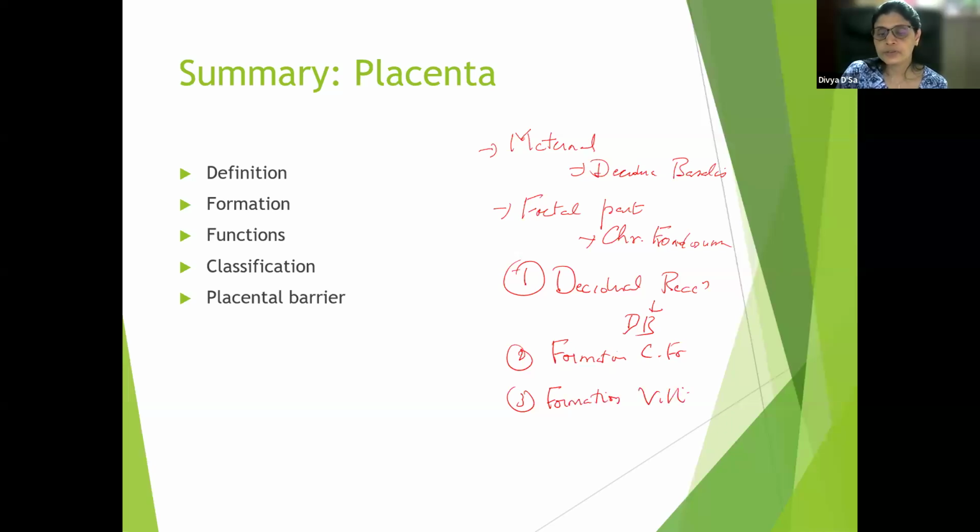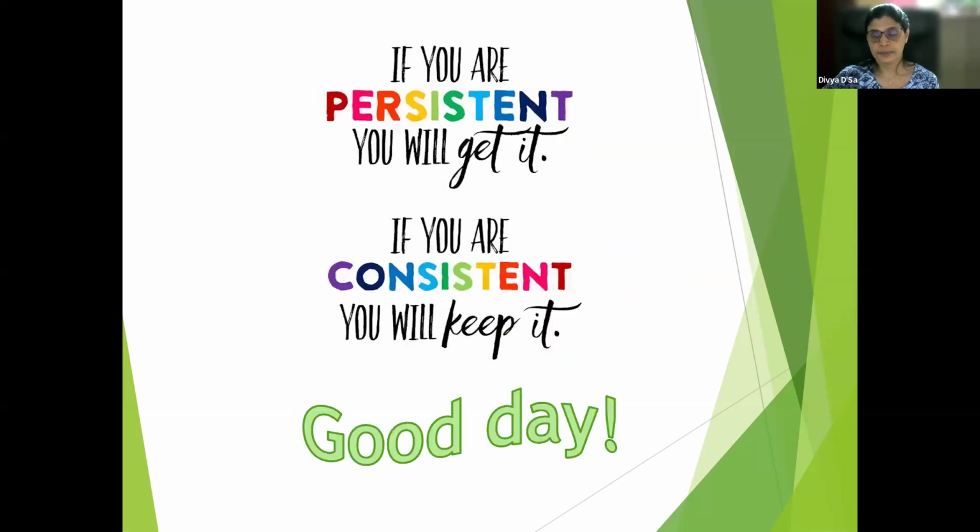Then the placenta forms. Then placental circulation occurs. Then classification based on attachment of the umbilicus, based on its site of implantation, and based on the degree of penetration. So we have the different classifications of the placenta.